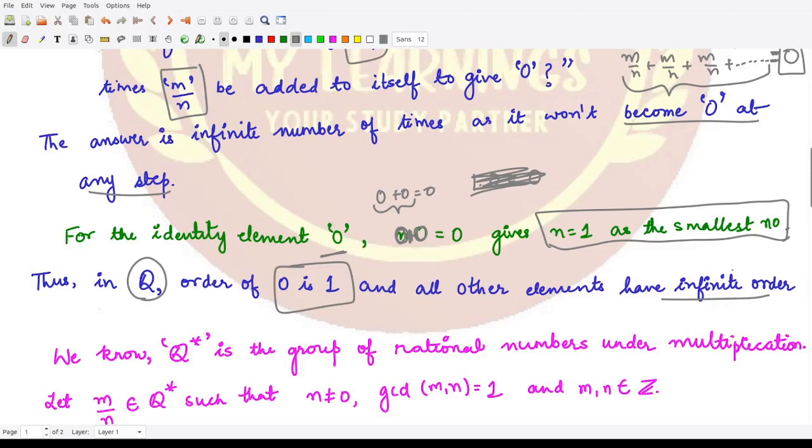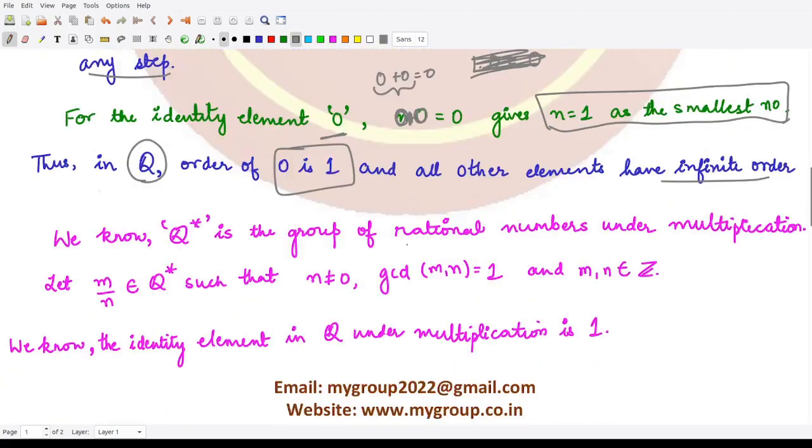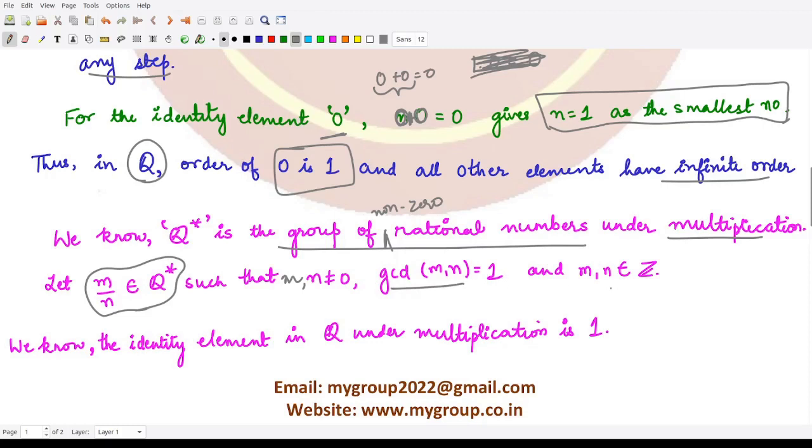What about Q star? In Q star, we are talking about the group of non-zero rational numbers under the group operation of multiplication. Here the elements are of this type where m and n are both non-zero, the GCD of m and n is equal to 1, and they are taken from the set of integers.